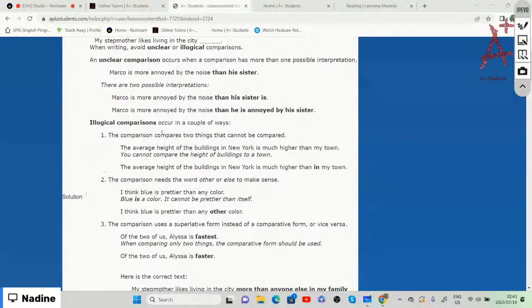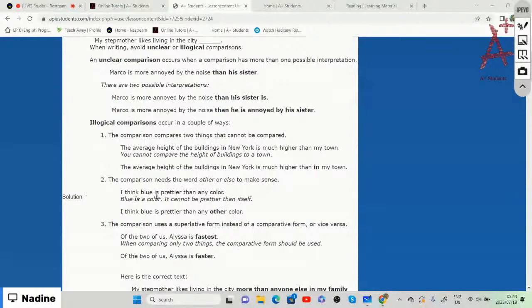Secondly, an illogical comparison, right? The comparison needs the word other or else to make sense. So if the comparison needs words like other or else to make sense, then it is illogical.